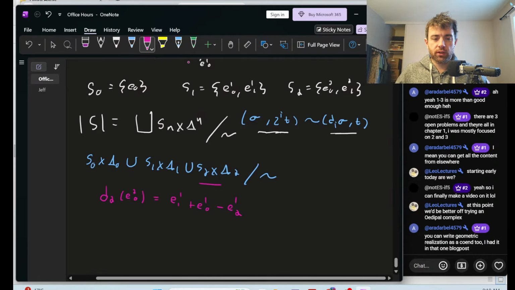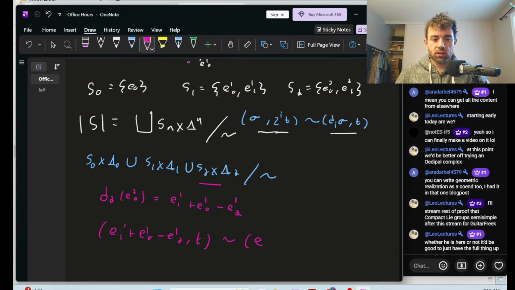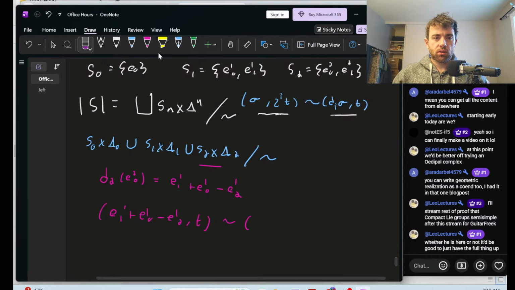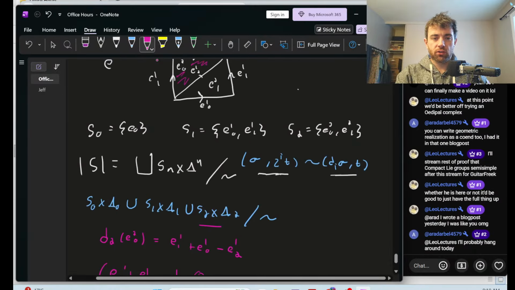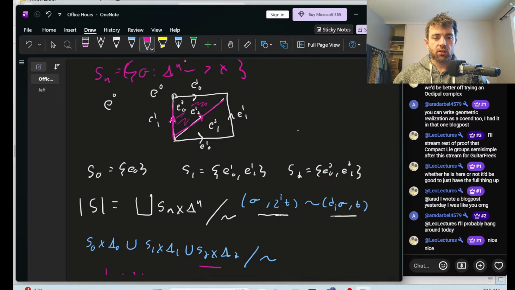So all of the points of this form, E1 1 plus E1 0 minus E1 0, comma t, are going to get glued to E2 0. And this is going to be all t here in that copy of delta 1. So that's exactly that we're gluing these things onto here. Okay. Nice.